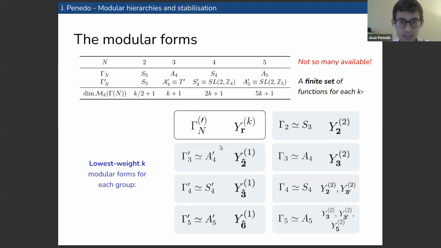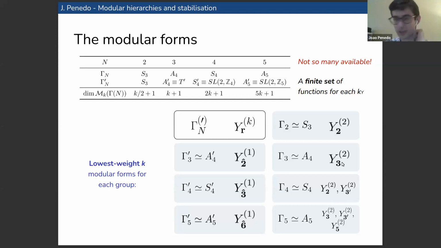So for instance, here, let's see if your group is gamma 3, which is A4 here on the right-hand side, there is just one modular form available. It's this Y3 of 2, weight 2. If you increase this weight, you have more, but at lowest weight, you just have this triplet of A4, and that's it. So it's not that you can build anything in your superpotential and constrict the Lagrangian in the end.